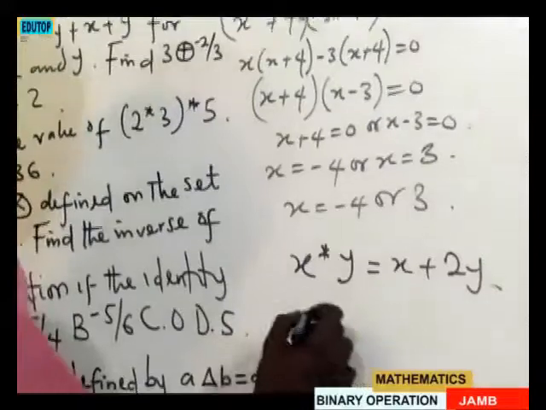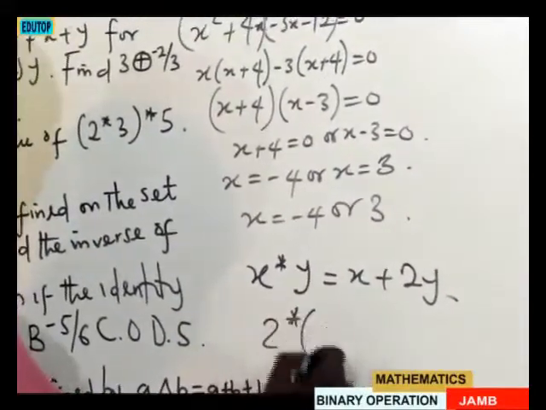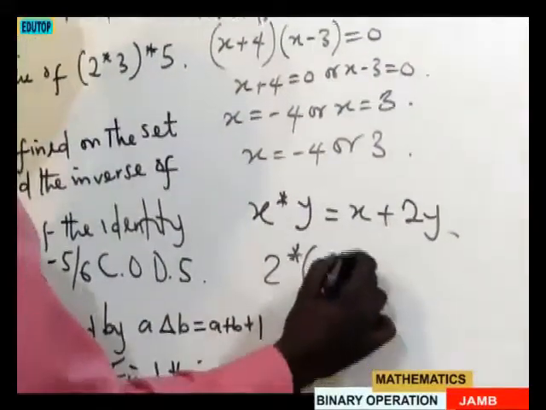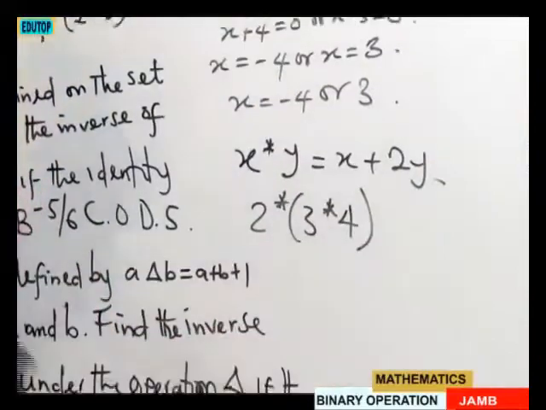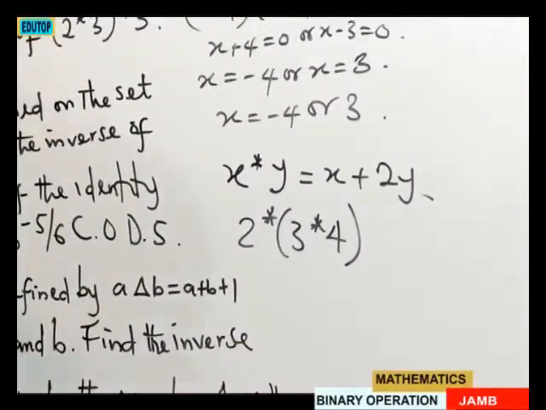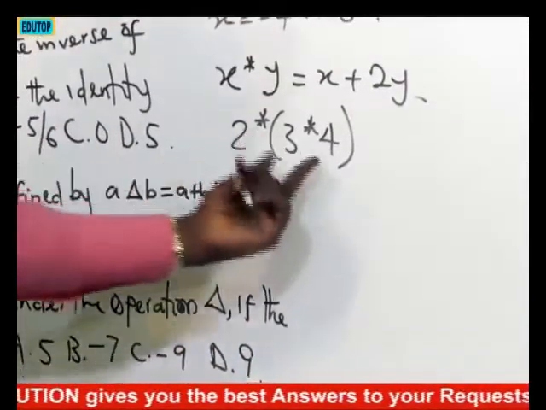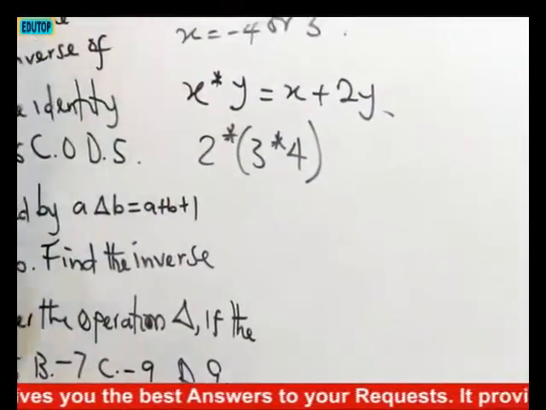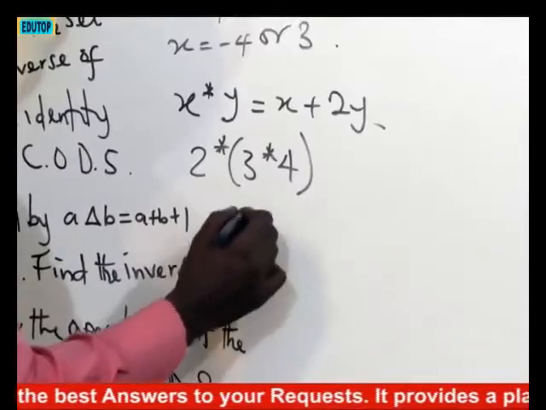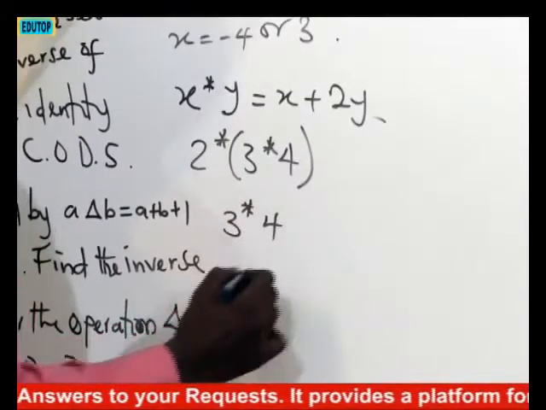So we are now given this operation. In this situation, we have to solve this. The best way to solve this, in order to arrive at the correct answer, is to solve the one in the bracket first.